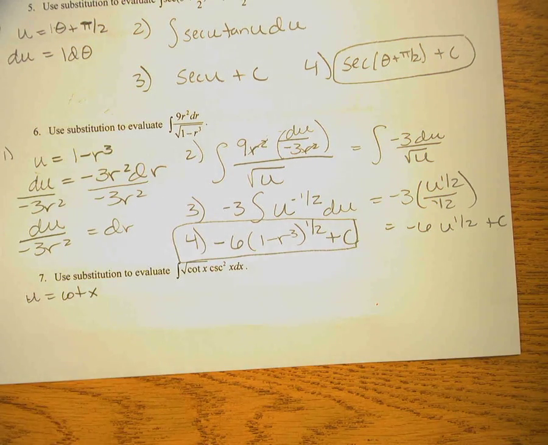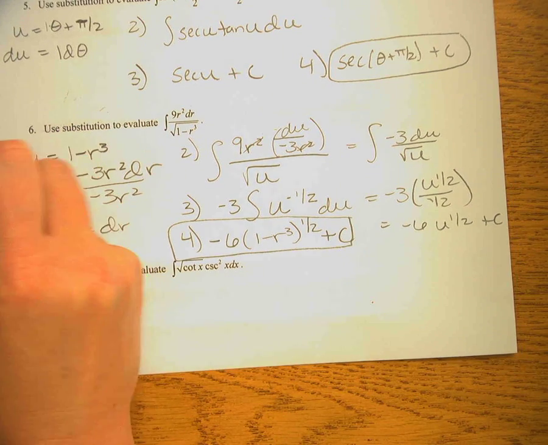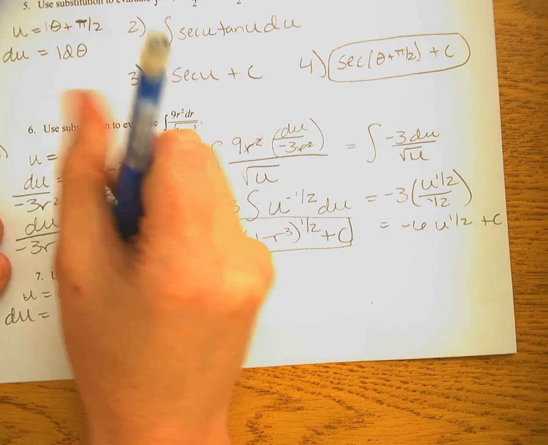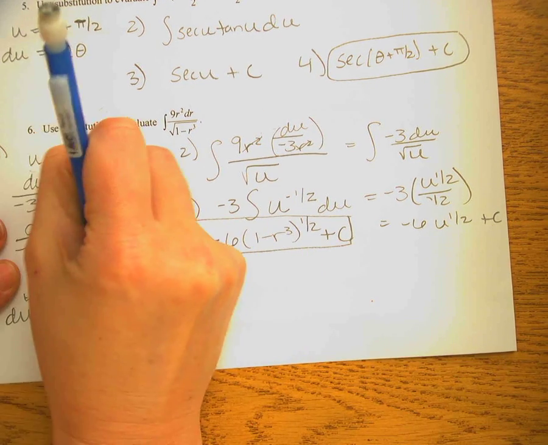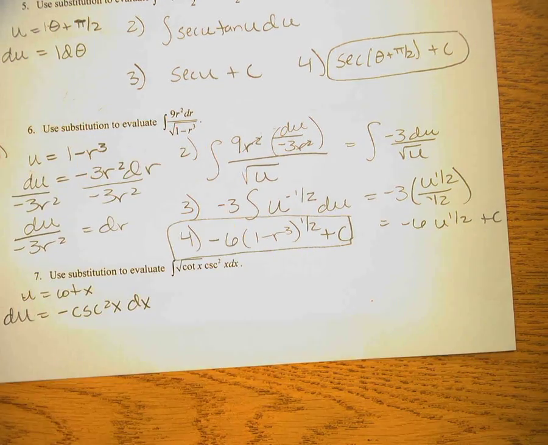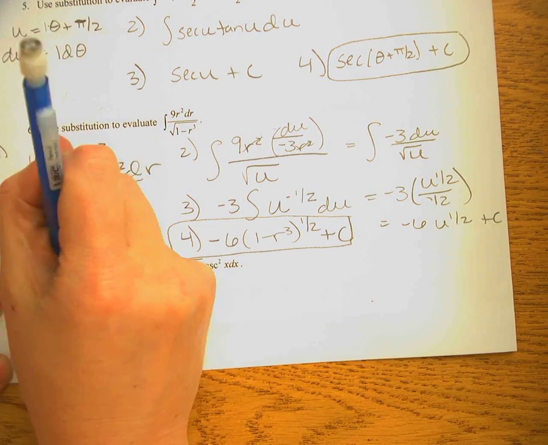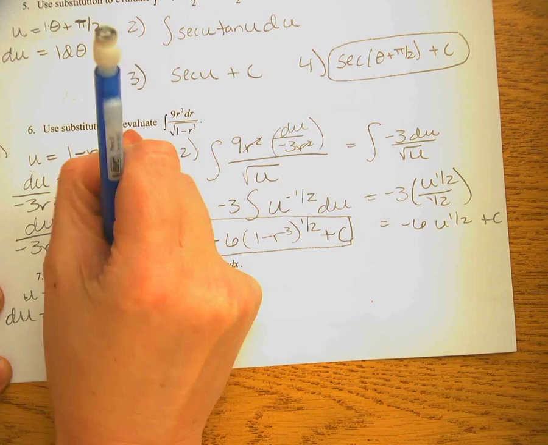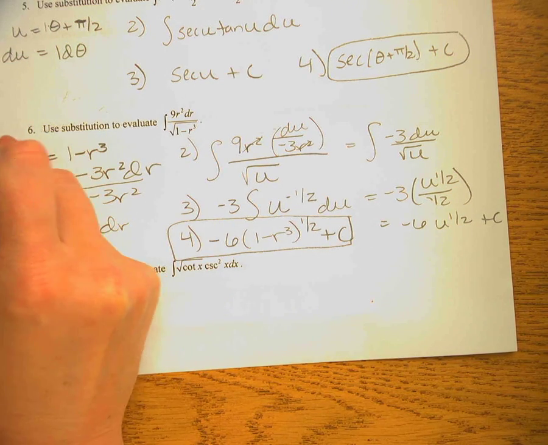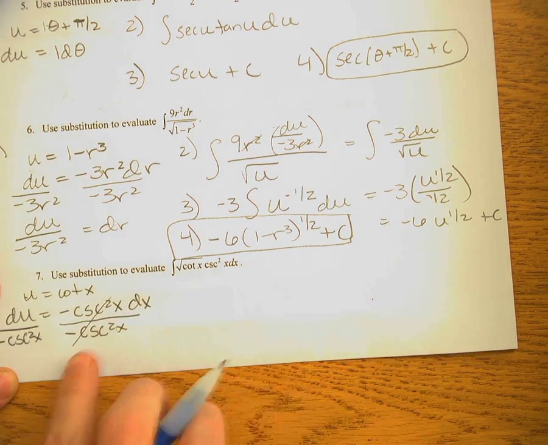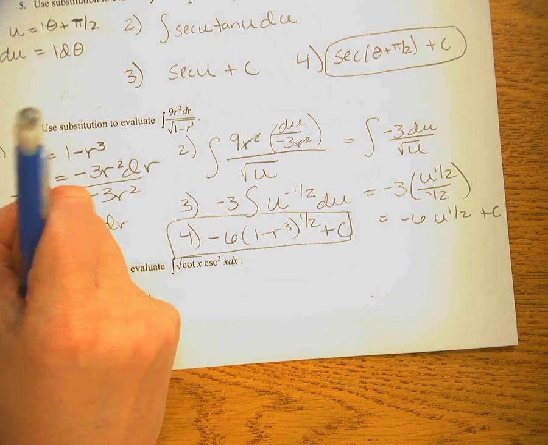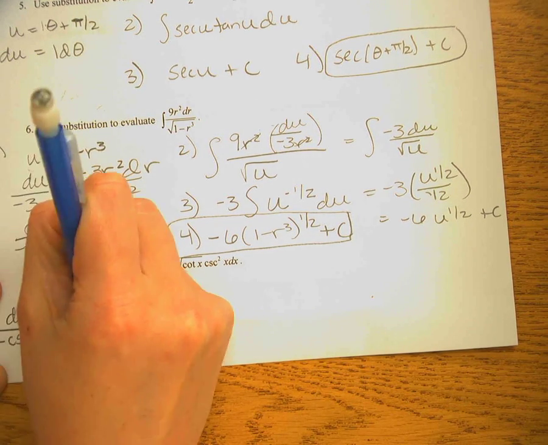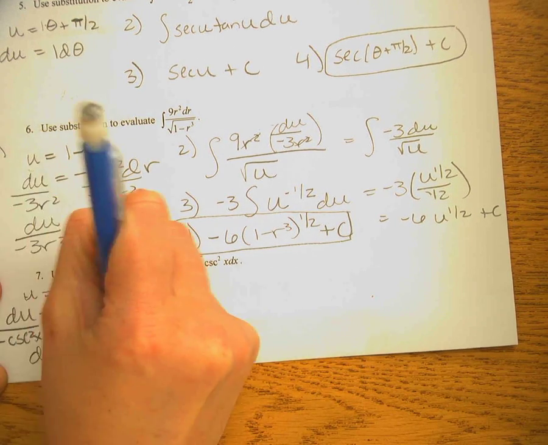So u is going to be cotan x. And then watch, when I go to find du, I'm going to end up with negative cosecant squared x dx, which is great because when I go to solve for dx, I have to divide by negative cosecant squared, which will allow me to cancel this out eventually when I substitute. So dx is going to be du divided by negative cosecant squared.